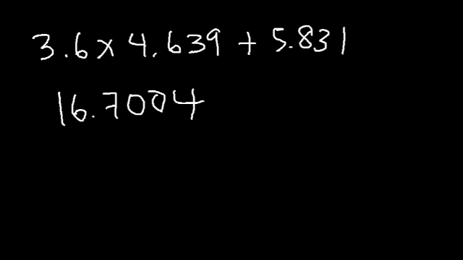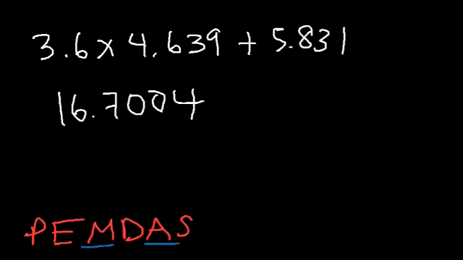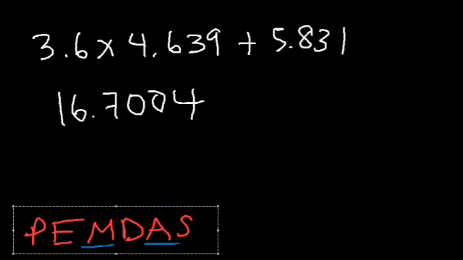That's 16.7004. By the way, you don't want to add 4.639 and 5.831 because you need to follow the order of operations. So if you remember PEMDAS, please excuse my dear Aunt Sally, you need to do multiplication before you perform addition whenever you're evaluating numbers.